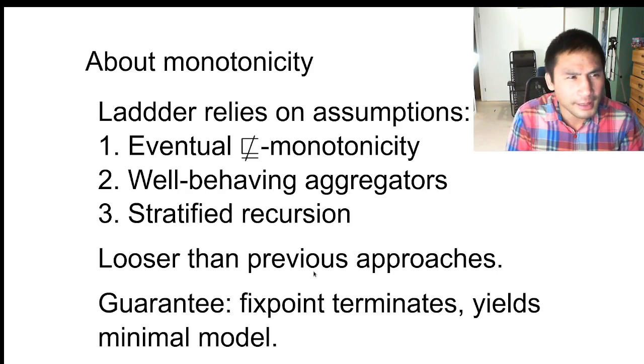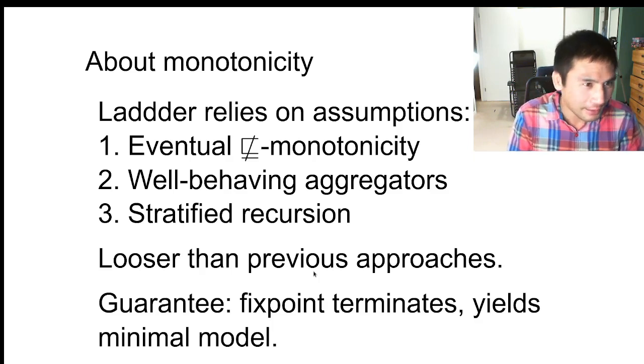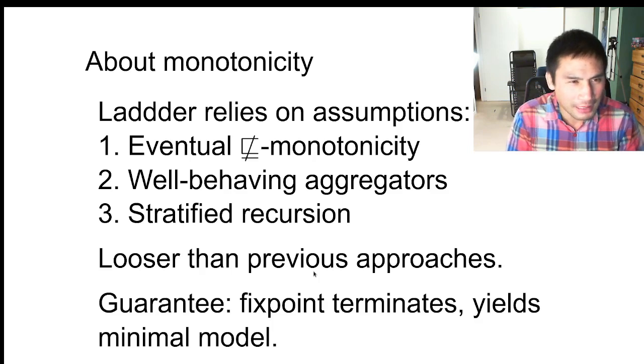Okay, so I talked about how we want to not be super strict on assumptions, but we want to have some assumptions. It is beyond the scope of this talk to explain these assumptions in any level of detail where we can understand it. So I'll just say it. You have this eventual monotonicity property, you have well-behaving aggregators, and you have stratified recursion.